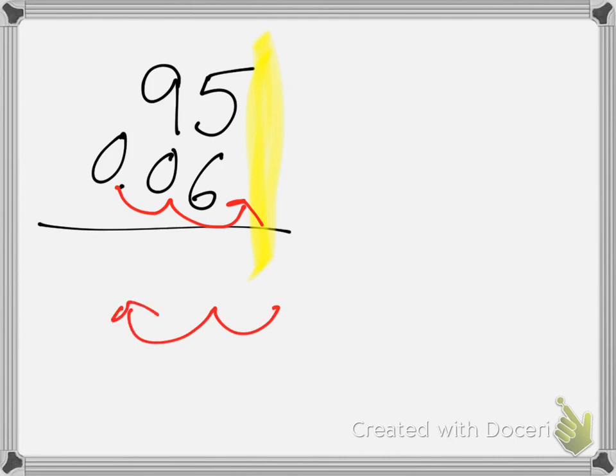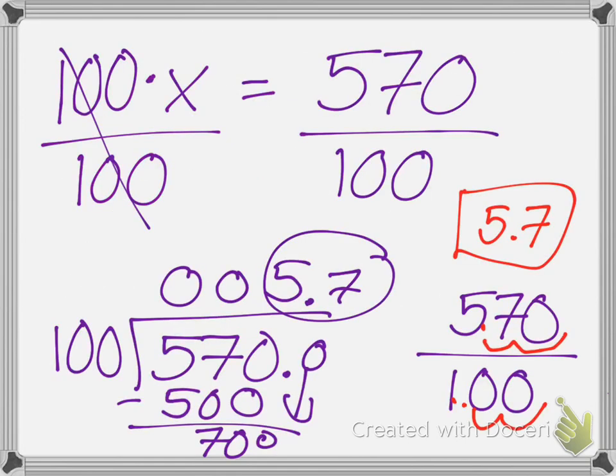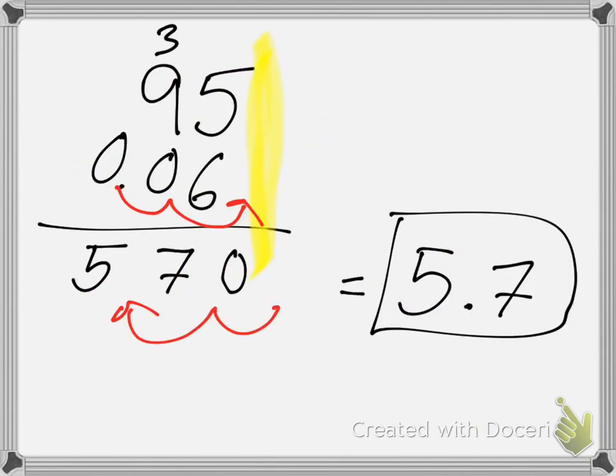So then we need to solve 6 times 5, we get 30. 6 times 9, we get 54. We add the 3, we get 57. Notice when we move our decimals back over, we again get 5.7. Works out really well. Same thing over here, 5.7, 5.7.